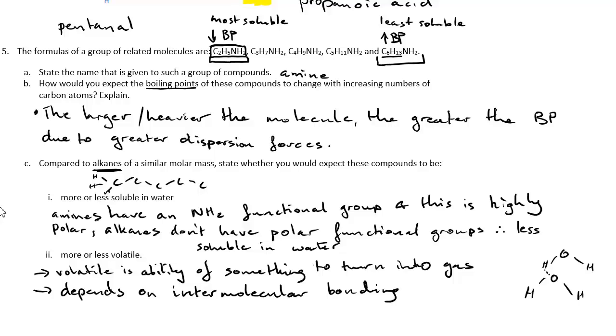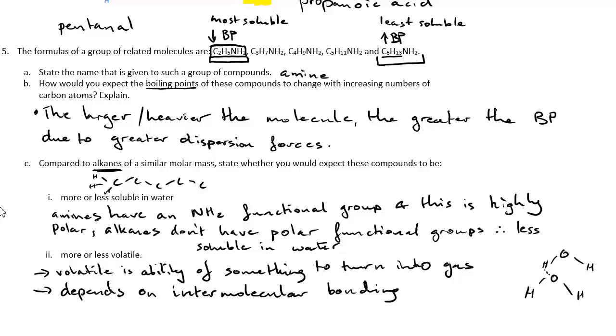So if we compare our amine groups, they have polar ends, don't they? Amines are polar because they have the NH2 group. So as a result, they will connect together more strongly in comparison to the alkanes.